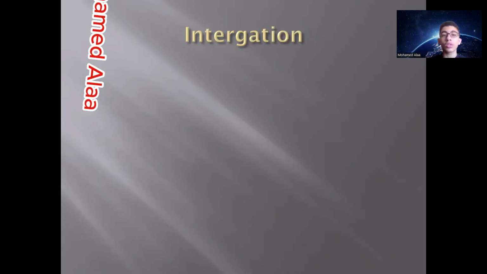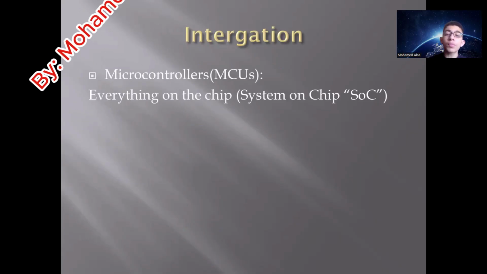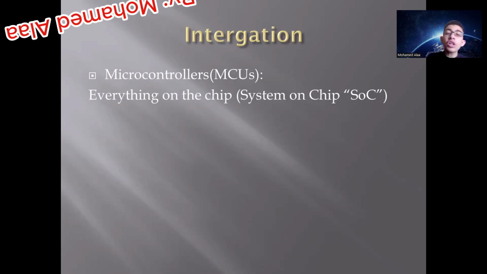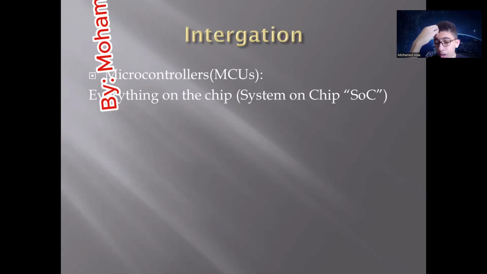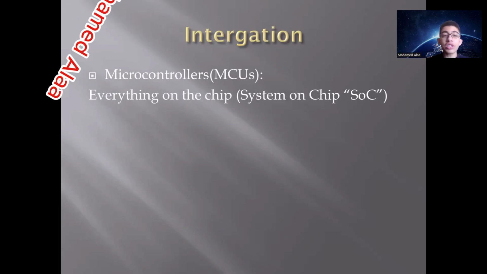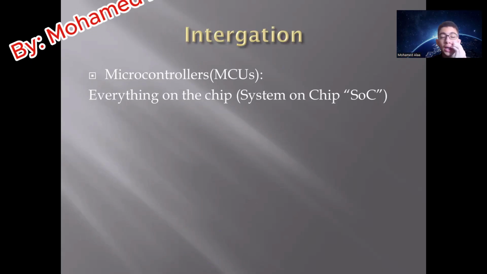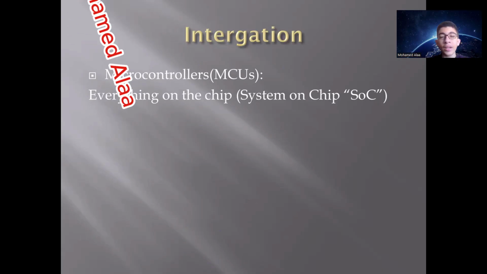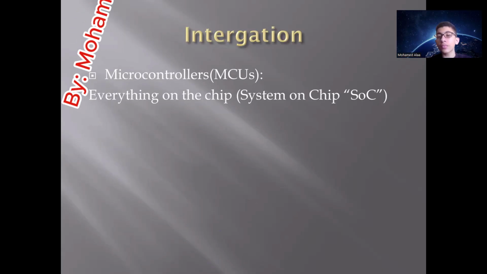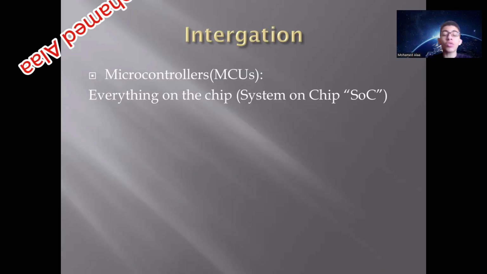Integration. In microcontrollers, everything is on the chip, and you can basically say that it's a system on the chip, or an SoC. Like when you see the Raspberry Pi Pico, which is a microcontroller, it has pins, it has a USB input device, and has a lot of things, but all on the same chip itself.